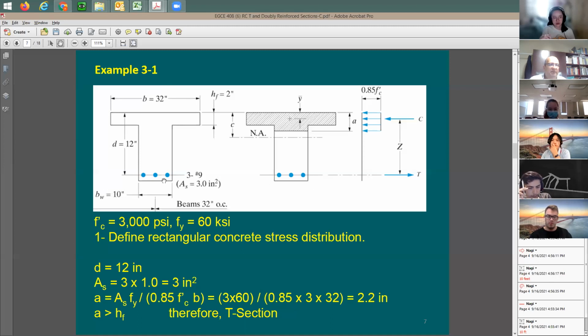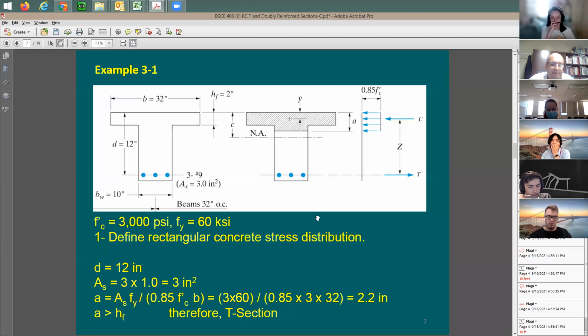As we understand, tension is going to be at the bottom, at the 3 number 9, and compression is going to be at the top. We don't know here the exact compression block depth. So if we run the analysis for the beam, and we find out the neutral axis and compression block depth is going to be more than the slab thickness, I'm going to call this the T section.